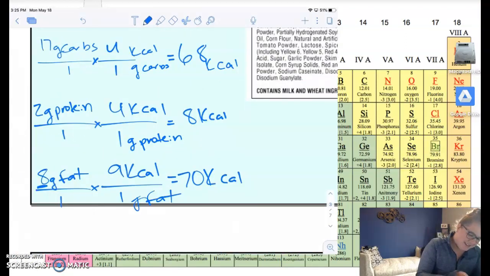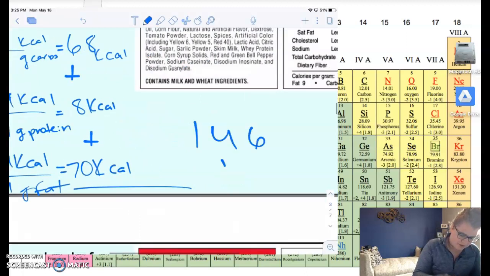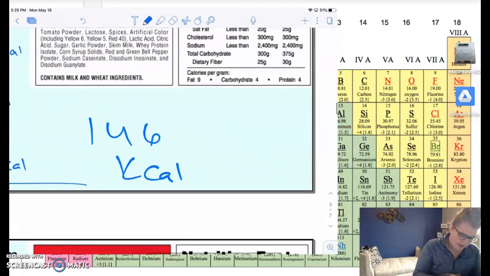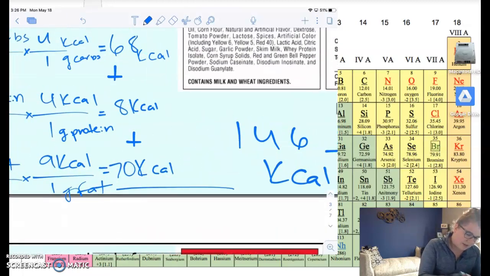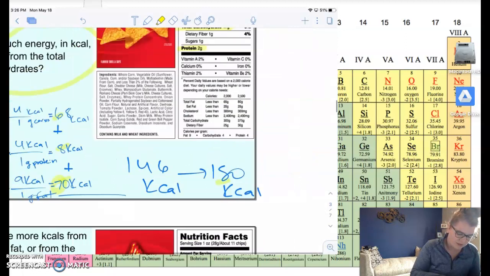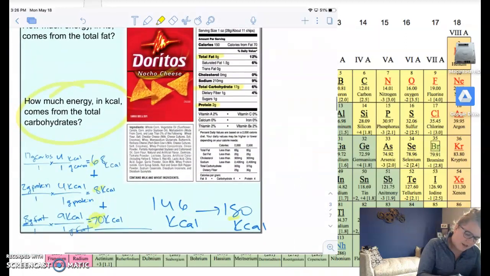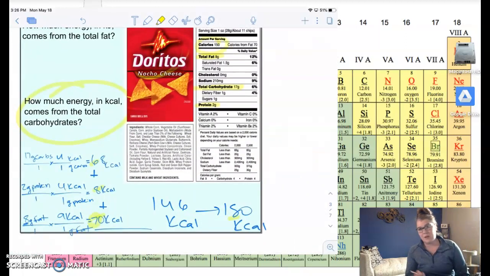Anyways, so if we go ahead and add all these guys up, you get 146 kcals. If we bring that to 2 sig figs, hang on, because if we line these all up to the hundredths place, right, because this one is in the hundredths place, but it's only 1 sig fig, so if we line this up to the hundredths place, you get 150, and boom, that's where the 150 is coming from.